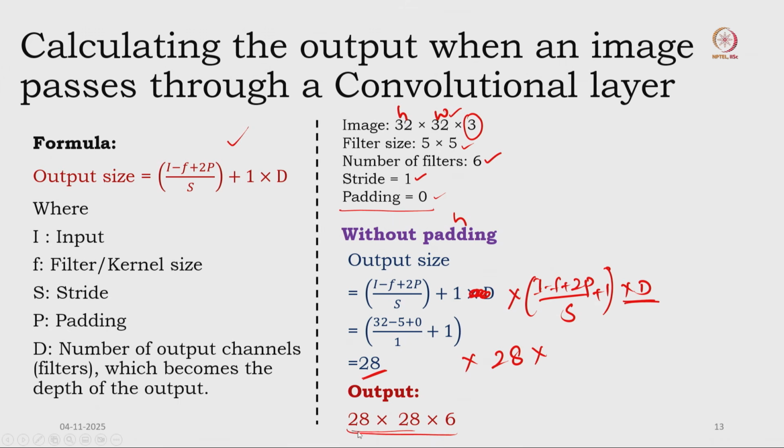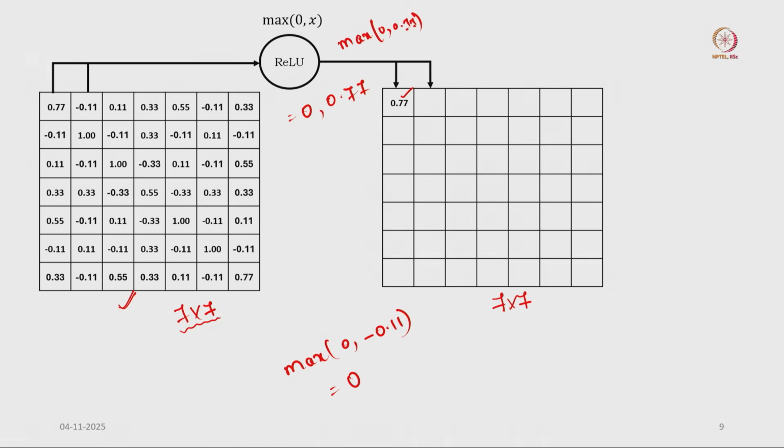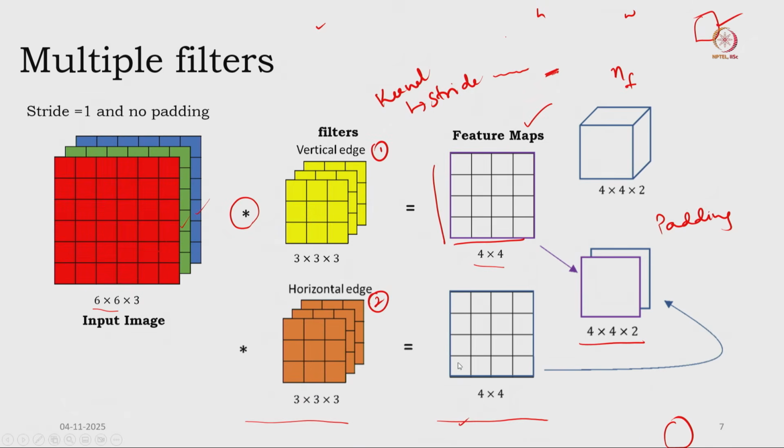In order to understand what exactly we have done here, let us go back to the first slide that we have. Can you see here? This is the input image. When you apply the first filter, you get one feature map. When you apply the second filter, you get a second feature map. Totally, the output is 4 by 4 by 2.